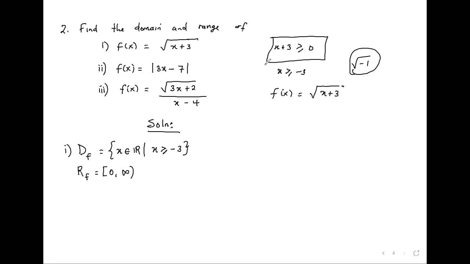So if it was negative, then you write negative infinity up to 0. In a general case, if you had f of x is equal to some number a plus the root of bx plus c, and you're asked to find the range, then if you have a plus here, the range is always going to be a to positive infinity.